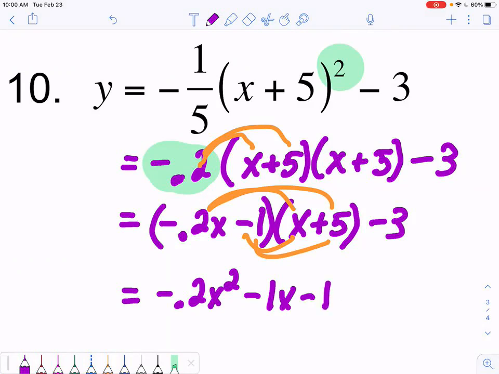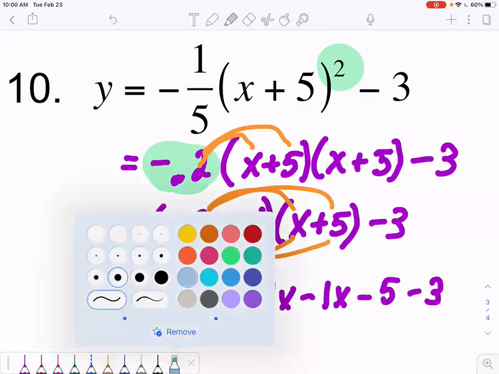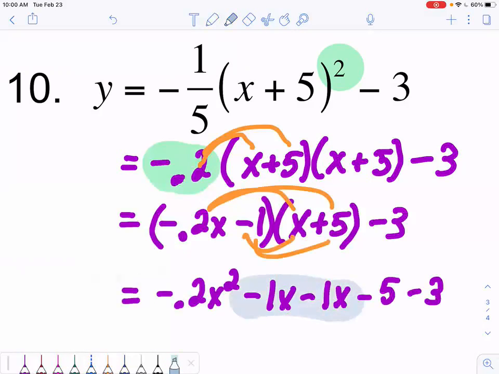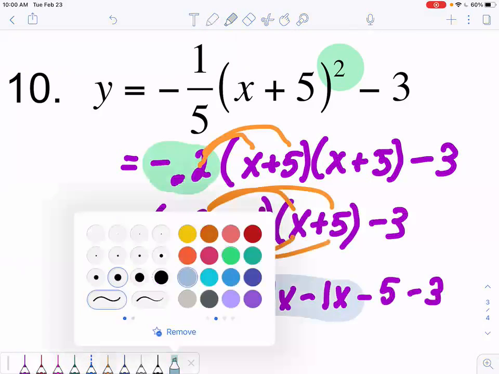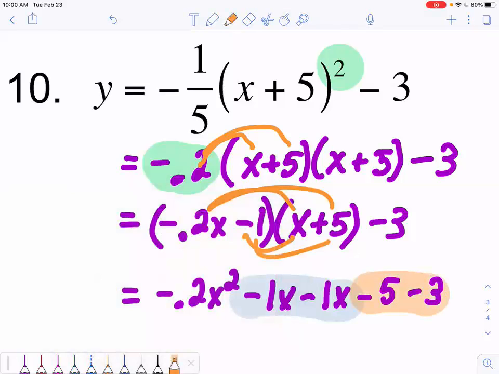Good. And now we look to see what we can combine. Well, we have our x's, and then we also have our negative 5 and negative 3.